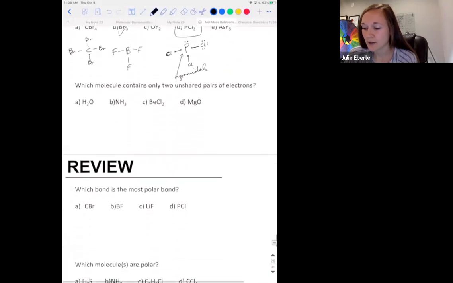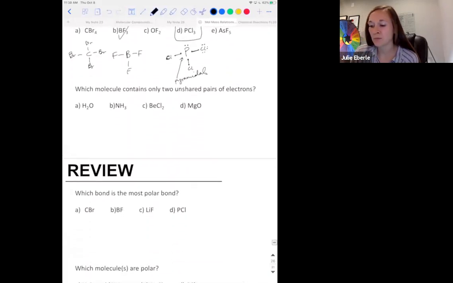All right, here's another geometry question. Which molecule contains only 2 unshared pairs of electrons? And I'm talking about in the entire molecule. So you're going to draw these out.